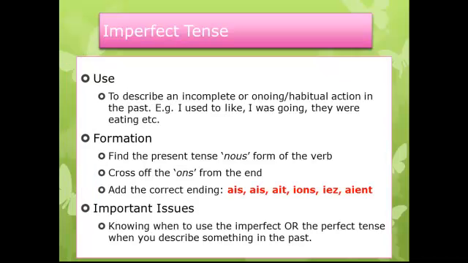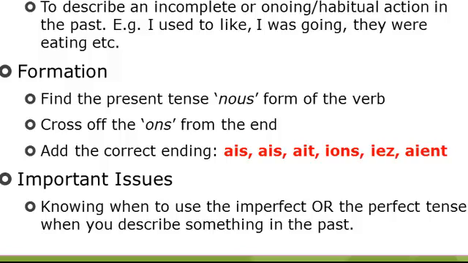The imperfect tense. This is used to describe an incomplete or an ongoing habitual action in the past. For example, I used to like, I was going, they were eating, etc. What you do is you find the present tense of the nous form of the verb, you cross off the ons from the end, and you add the correct ending: ais, ais, ait, ions, iez, aient.